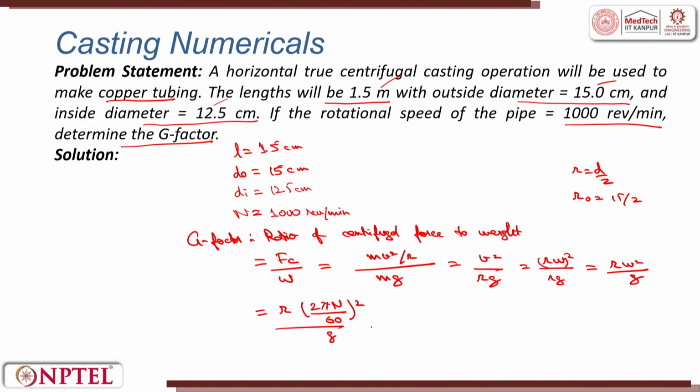This gives me my G factor as 15 by 2 into 2 pi n, where the value of n is 1000 revolutions per minute, so 2 pi into n by 60 whole square by g.